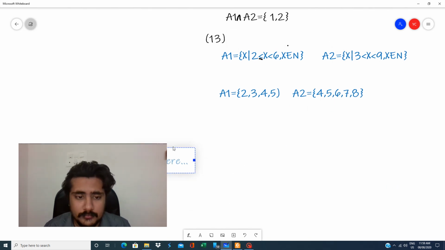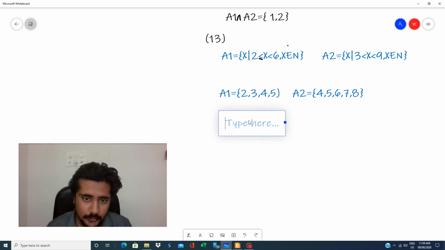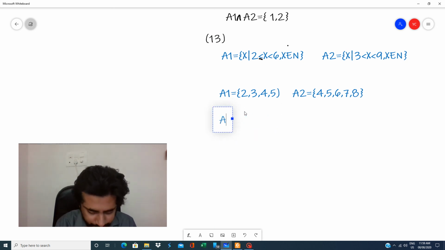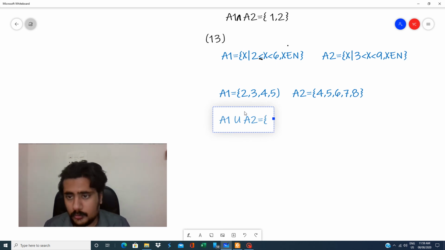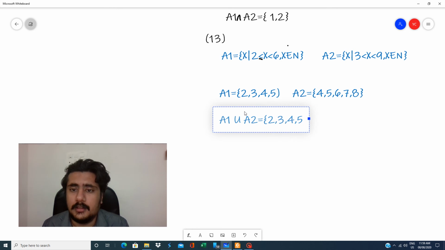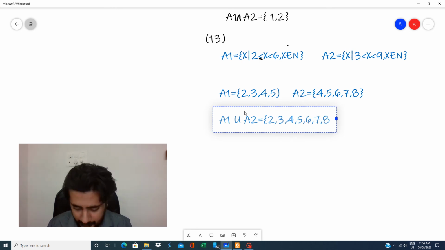Now let us find A1 union A2. A1 union A2 is equal to. Now you know how to find the union, to mix both the things. So it's 2, 3, 4, 5, 6, 7, 8.